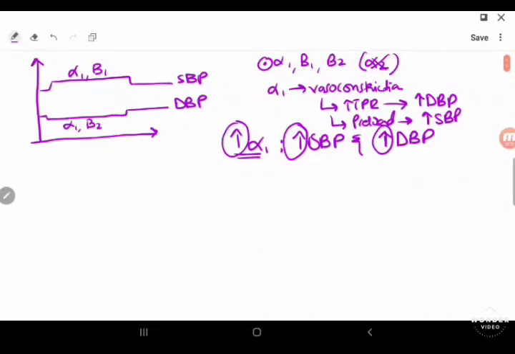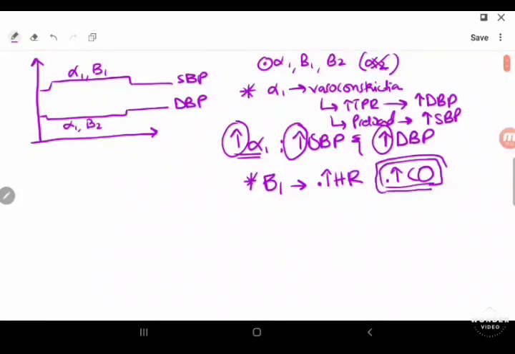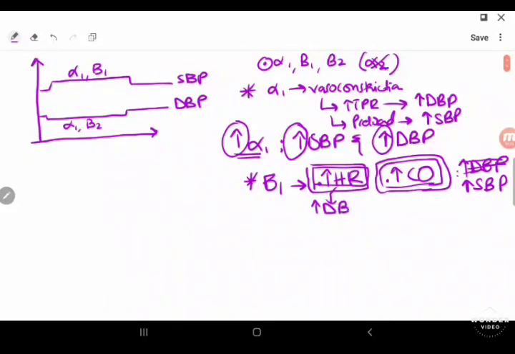Alright, now let's talk about beta 2. Actually, let's first talk about beta 1. So what does beta 1 do? Beta 1 increases your heart rate and beta 1 increases your cardiac output, right? By increasing your cardiac output, it will increase your systolic blood pressure, and by increasing the heart rate, it will increase your diastolic blood pressure.